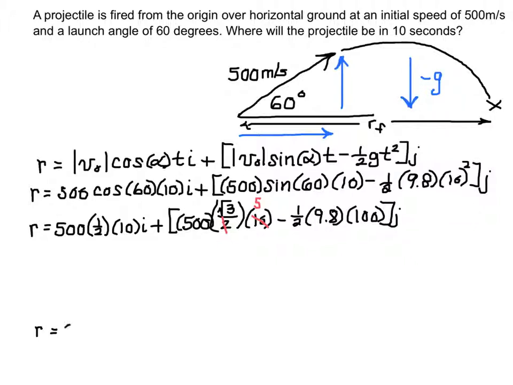So we have 2,500 meters in the I direction plus, and we're going to work this out, and this becomes, let's see, 2,500 times the square root of 3 minus 490, and that's how many meters in the j direction.